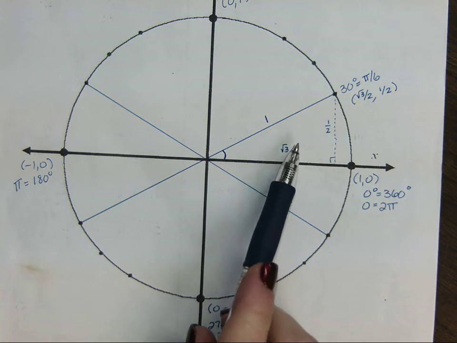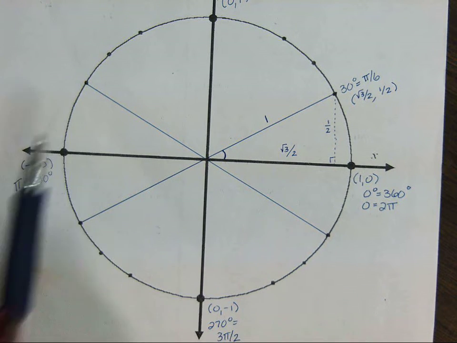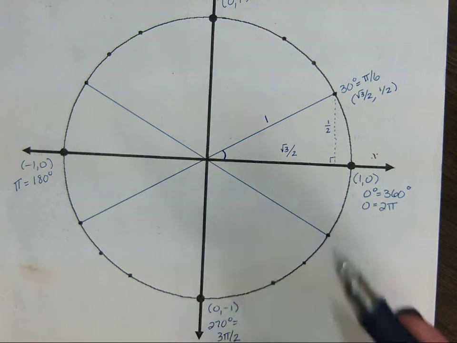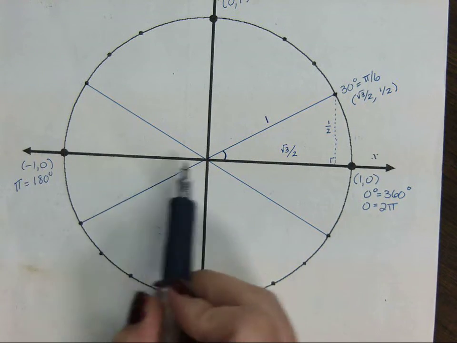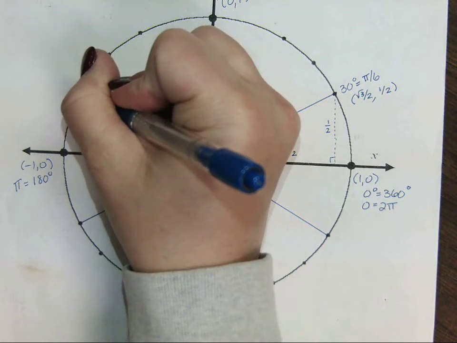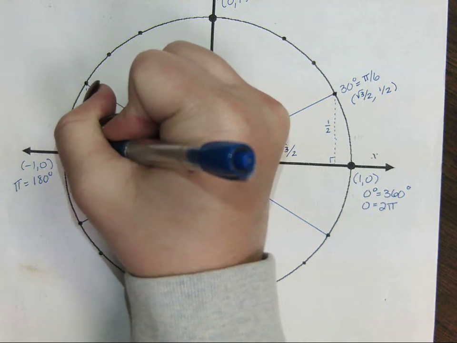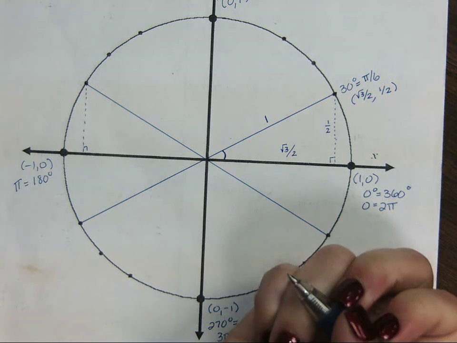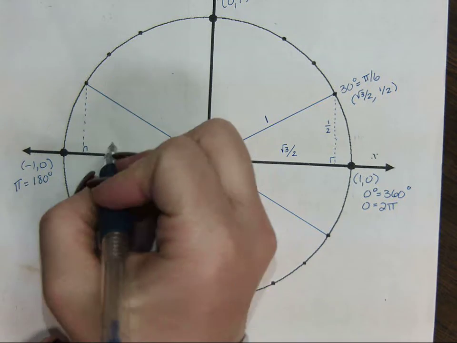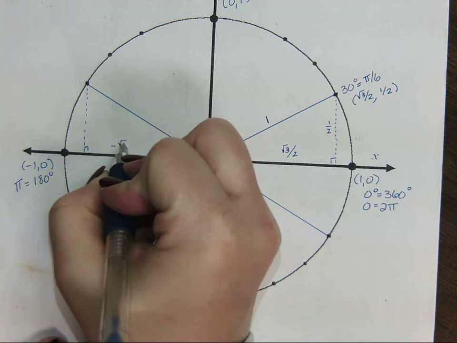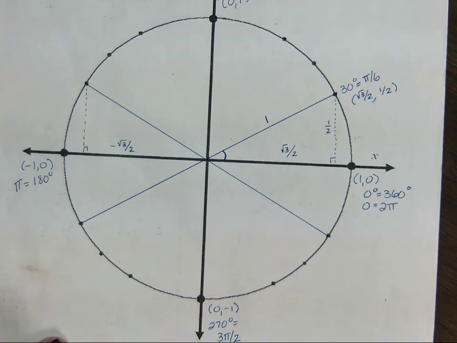Now, because this triangle is the exact same as the triangle over here, all I'm really doing is making a mirror image and flipping it on this side. The length along the x-axis of my triangle will still be root 3 over 2. However, because I'm on the negative side of the x-axis, my length is actually going to be negative root 3 over 2.